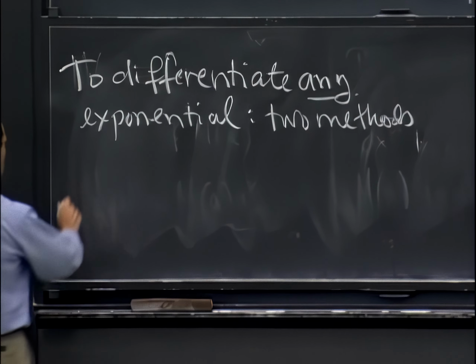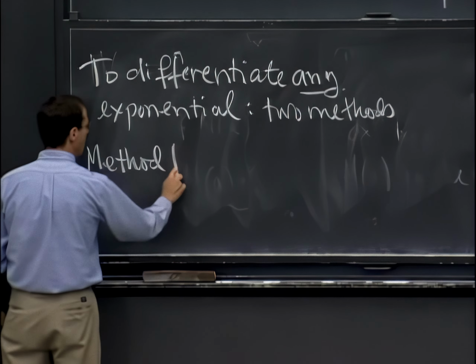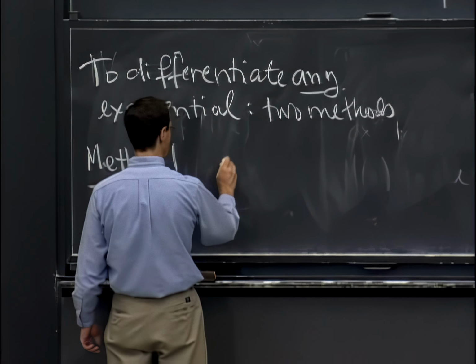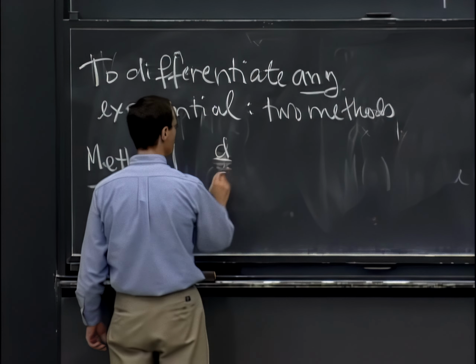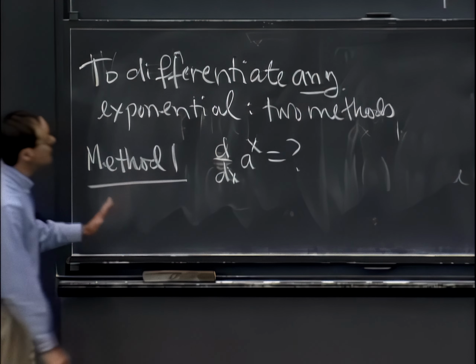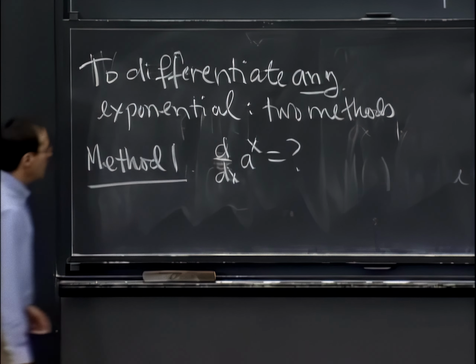So we're going to just describe them. So method 1, I'm going to illustrate on the function a to the x. So we're interested in differentiating this thing, exactly this problem that I still didn't solve yet. Okay? So here it is, and here's the procedure.